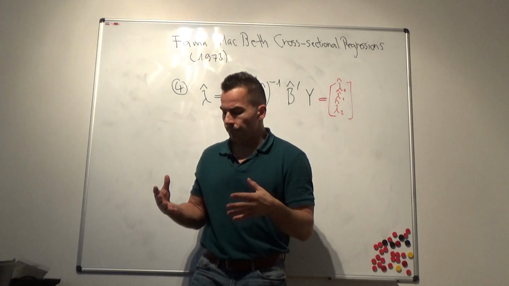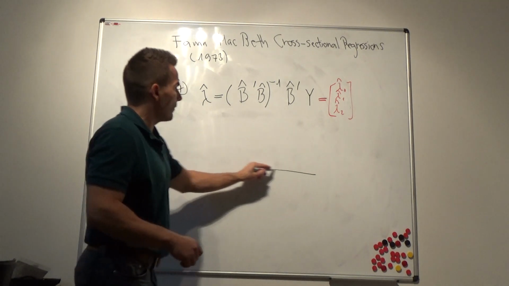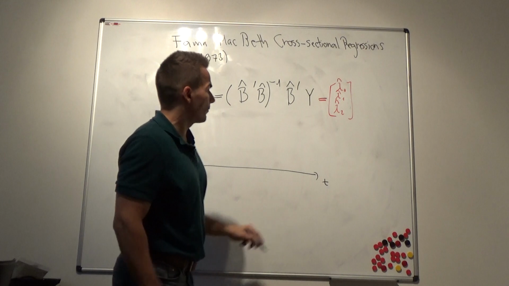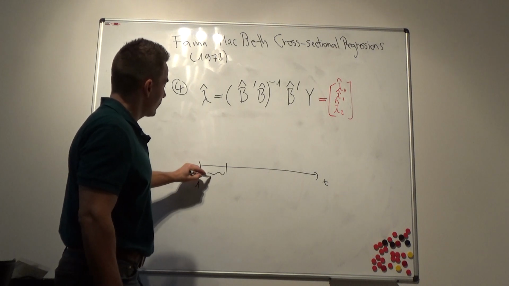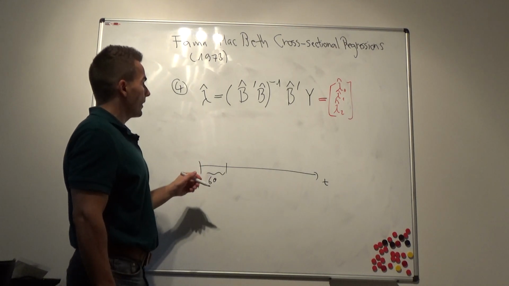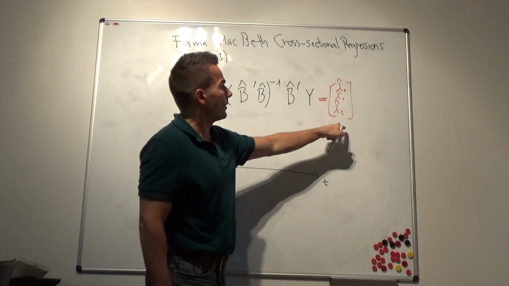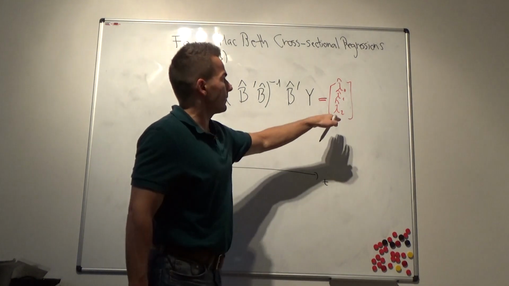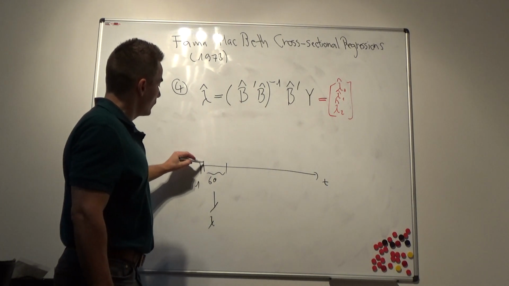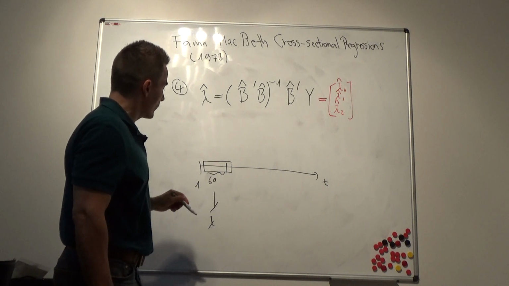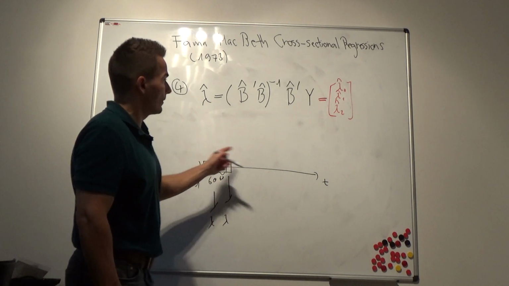Some people use rolling window regressions. Let's say we have a timeline starting at t is 1, and they use, let's say, the first 60 months of observations, and they run the Fama-MacBeth regressions, get the corresponding beta matrix and estimate the lambdas. So they get the lambdas for the first 60 months, then they roll this time window forward 1 month, take the next 60 months, and again estimate and get the lambda.